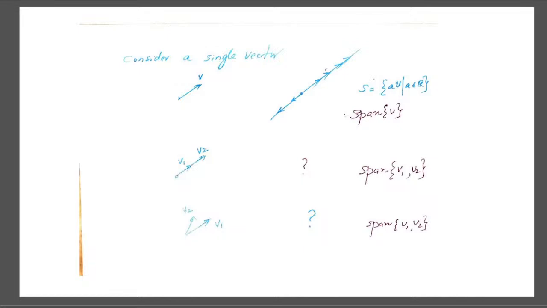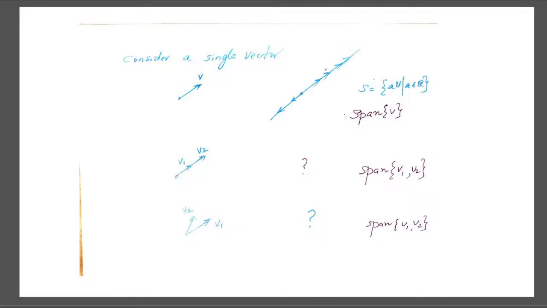There is nothing to add. There is only one vector, no? You can add it to itself probably, but you can scale it. So you keep on scaling it. If you scale it with a negative real number, then it scales this way.